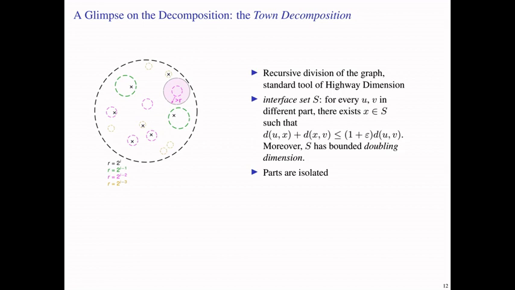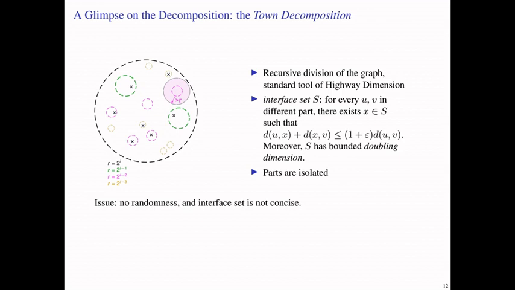And there's a kind of moat around it of size 2 to the i-2 where no one lies. So the rose part has diameter r, and there is no one at distance smaller than r of that part. And it's true as well for the green parts. There's no one at distance 2 to the i-1 of the green parts, and for every other part. So we're going to use that property.